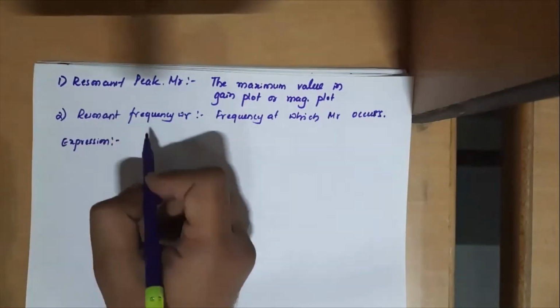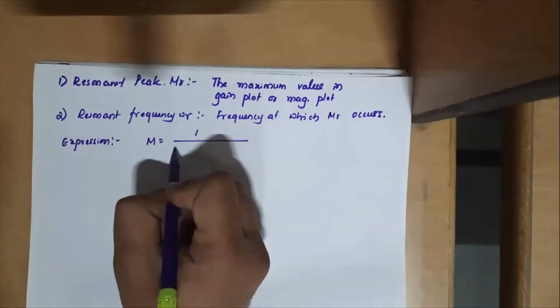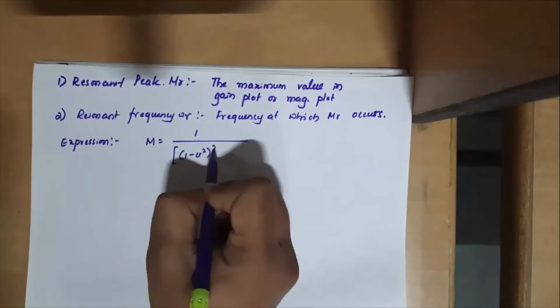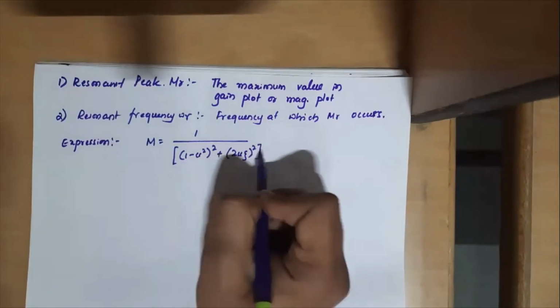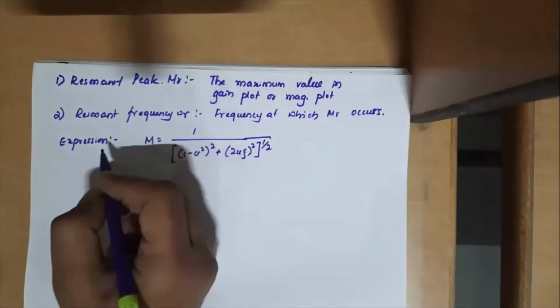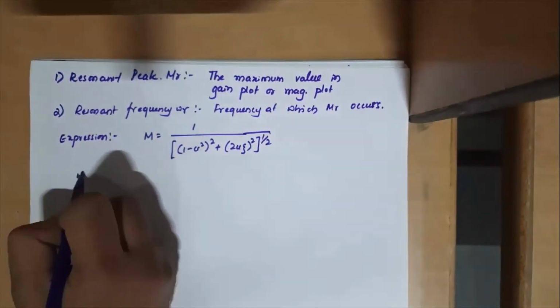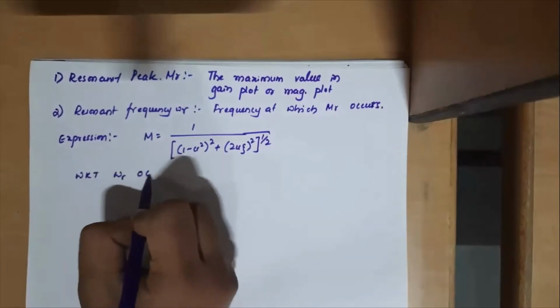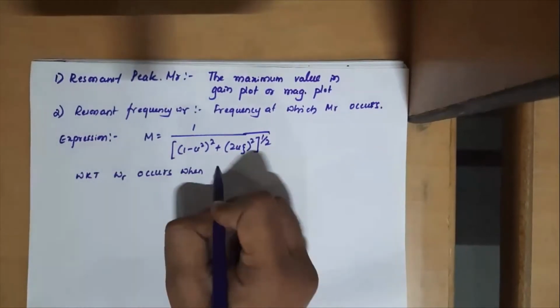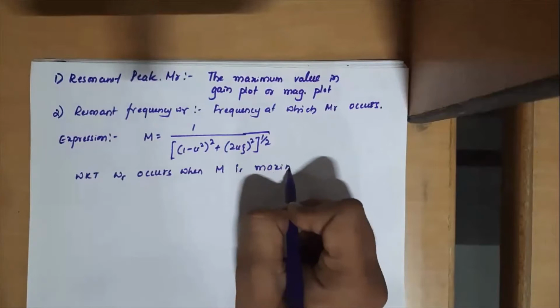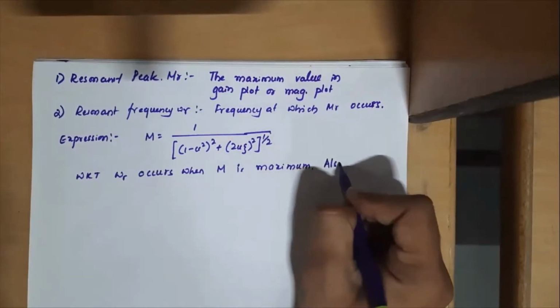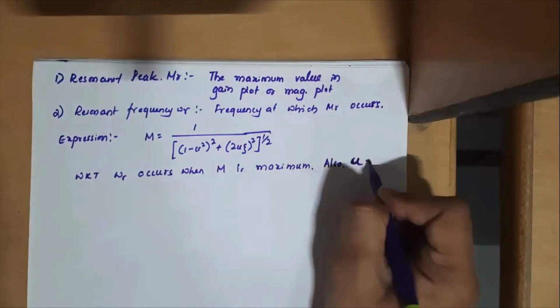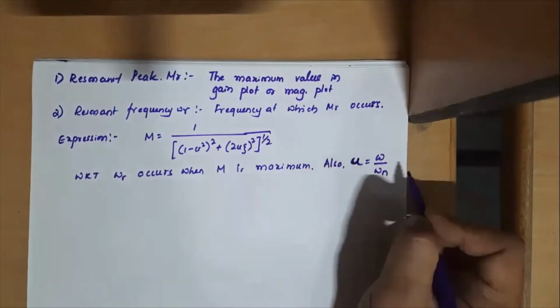So let us look into the expression for M. One key concept we can use is maxima and minima, because we know that resonant peak is the peak value.